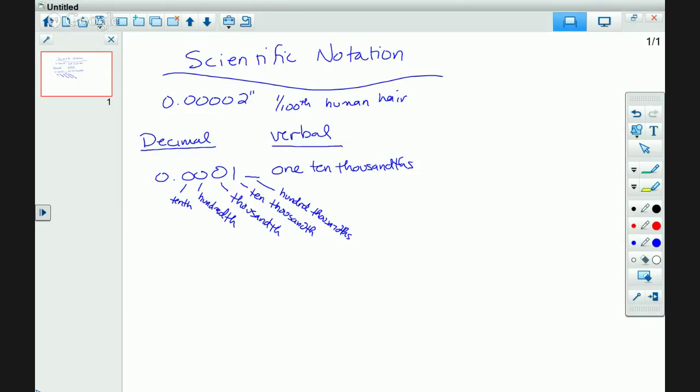We don't have to go any farther for your sake. You can go into millions next. So millions, 10 millions, 100 millions. Then you go billions, 10 billions, 100 billions. It starts to form a pattern. Okay, but for your sake, this is all the farther I'm going to require. Okay. So this is 1/10,000th.